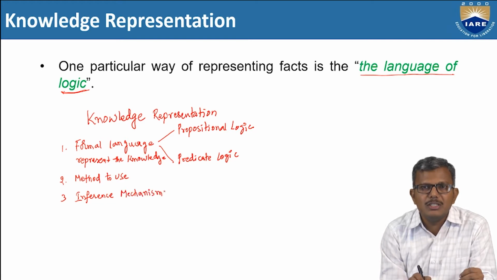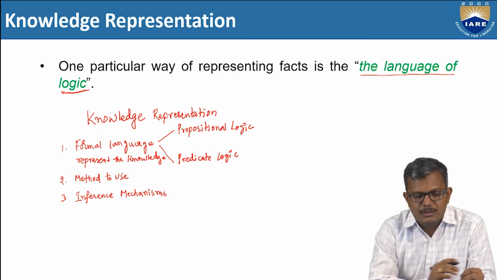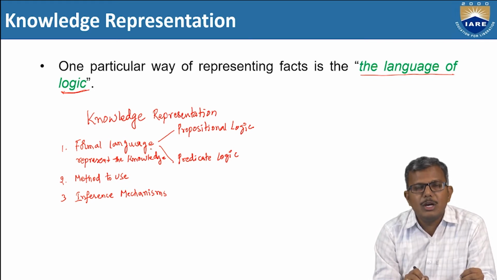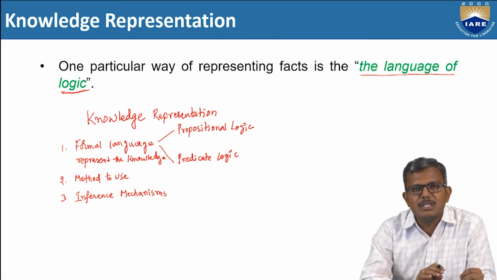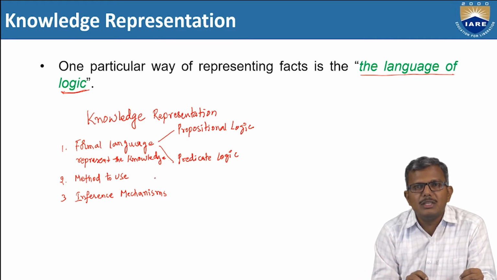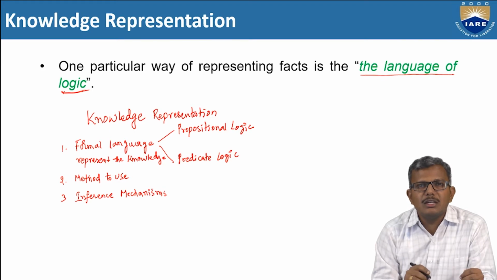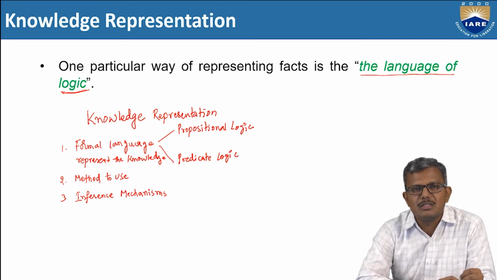So what do we mean by these inference mechanisms? In the first step, you have selected some language and you have represented some knowledge. In the second step, you learned how to use it. But using this knowledge does not mean that you are getting solutions to the problems. Until you are able to get some inferences, that is, to get to a specific conclusion while using this representation, we cannot say that we have succeeded.